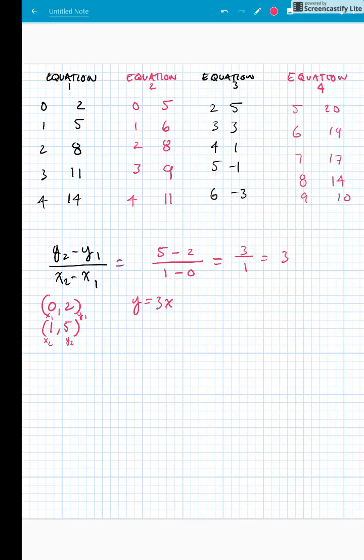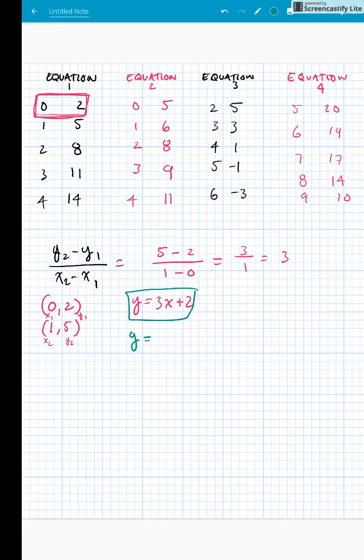Now we look for the y-intercept, which is plus 2. I looked at this here, and it's 0 and 2, and that's usually the coordinates for a y-intercept. So now I have my line. Now to test for linearity, if I plug in a 0, it will give me a 2.